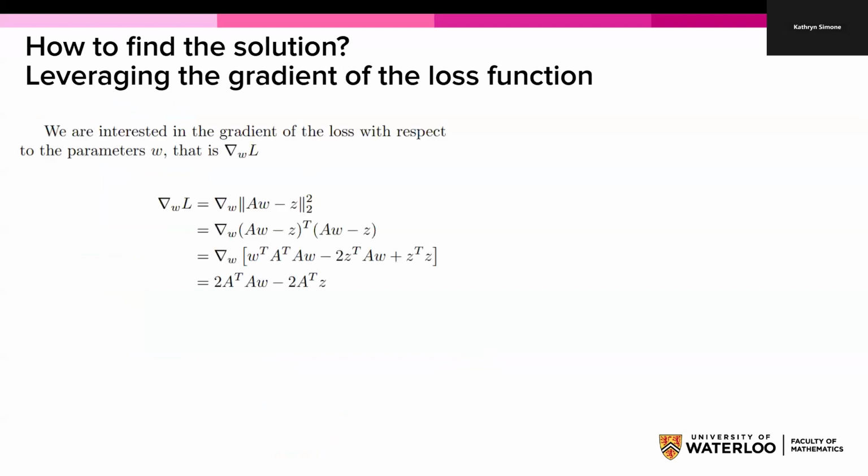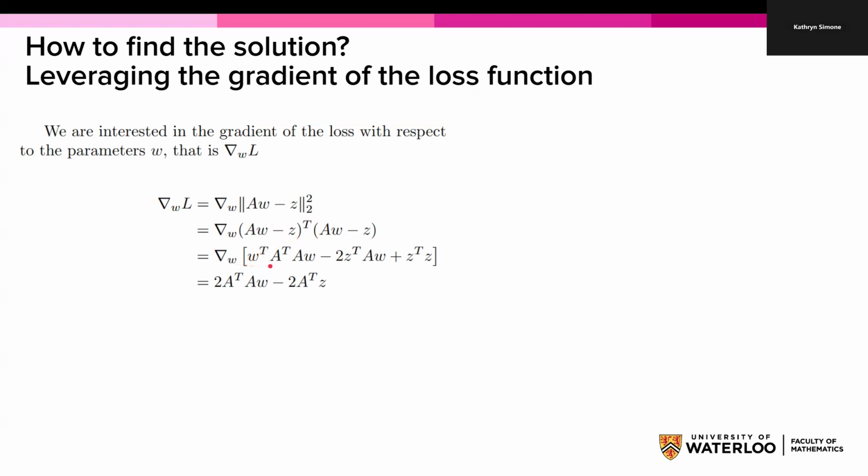So we want to compute the gradient of the loss, meaning we want to compute the gradient of the L2 norm of this AW minus C inside the brackets here. So we can expand this part inside the brackets, and as we're squaring, this is the same as the factor multiplied by itself. And now that we're working with matrices and vectors, we just have to transpose the first to make sure that the dimensions line up.